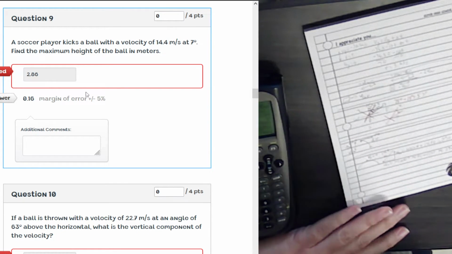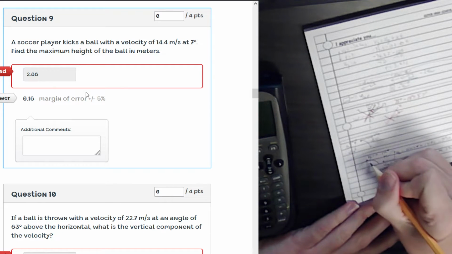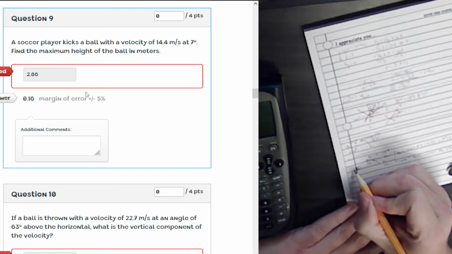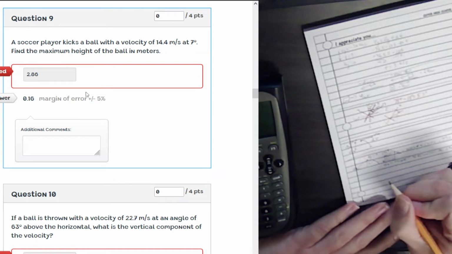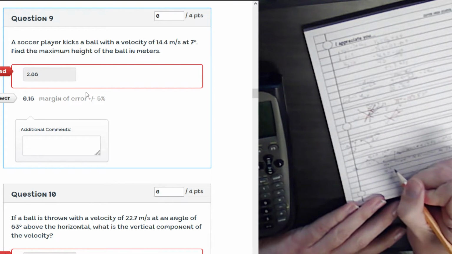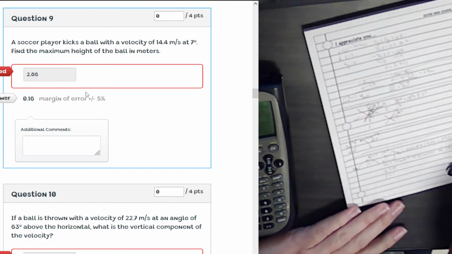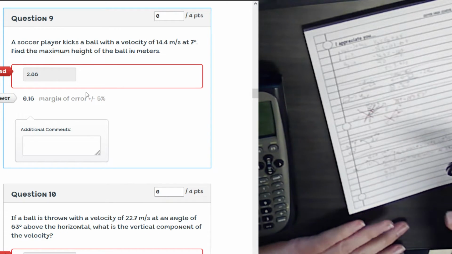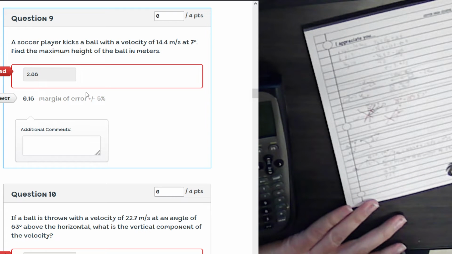So now, it wants us to find this max height here. Okay, well, if we launch the ball from 0, our initial position would be 0, and we're looking for final. So we've got velocities, and we've got the y's, or displacements, and we're looking for the height, which is displacement.